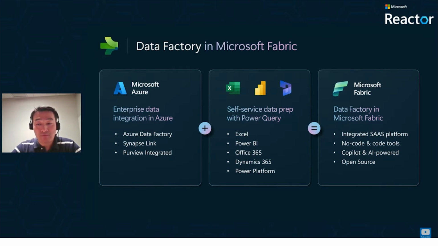Fabric Data Factory supports both low-code and professional code approaches for data integration. It is AI-powered through Copilot, enabling intelligent and efficient workflows for you. Additionally, Fabric Data Factory also supports open source data integration approaches like Airflow and dbt, providing you flexibility and extensibility.